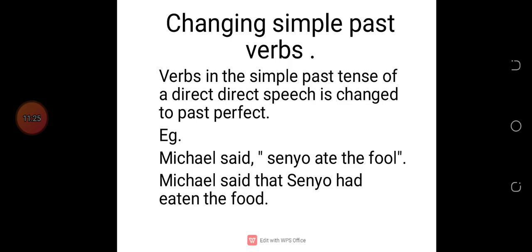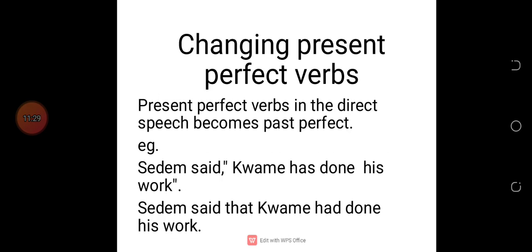Very good. Let's quickly go to our next objective, where we want to change the present perfect verbs in the direct speech to reported speech. So what happens to the verb in the present perfect tense or form?